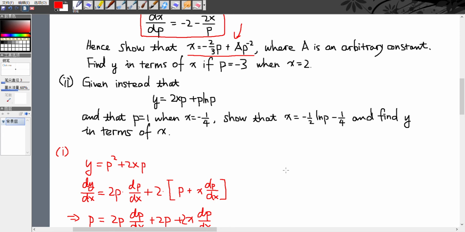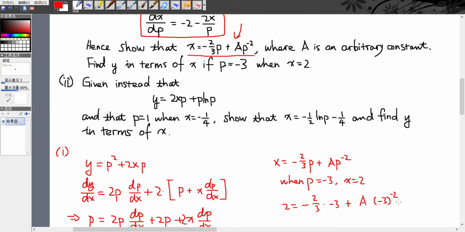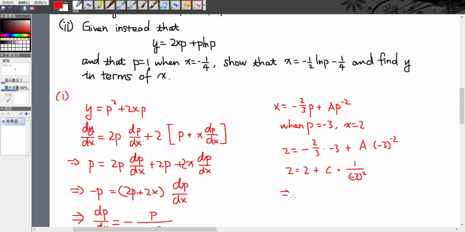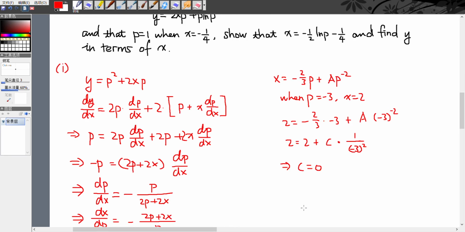So we have known that x is equal to negative 2 over 3p plus a p to the negative 2, and now when p is equal to negative 3, x is equal to 2, 2 is equal to negative 2 over 3 times negative 3 plus a times negative 3 to the negative 2, which is just 2 equal to 2 plus a times negative 3 squared divided by 1, which suggests that a is actually equal to 0, which gives us x is equal to negative 2 over 3p.